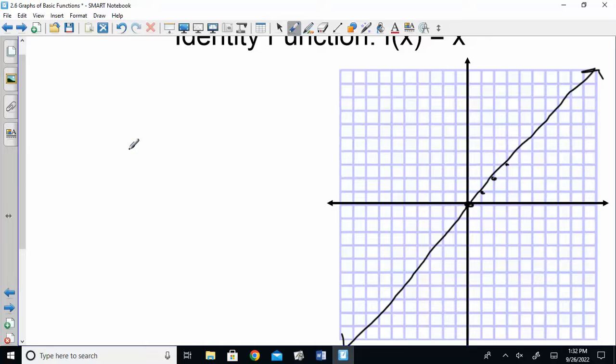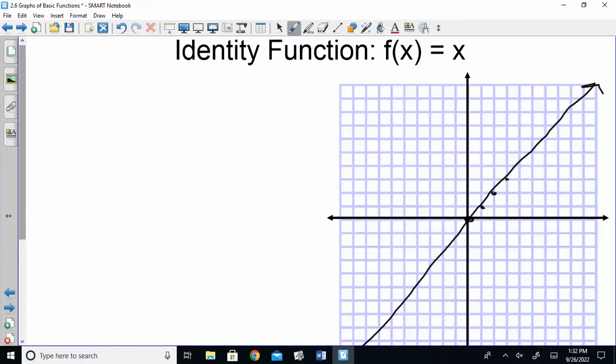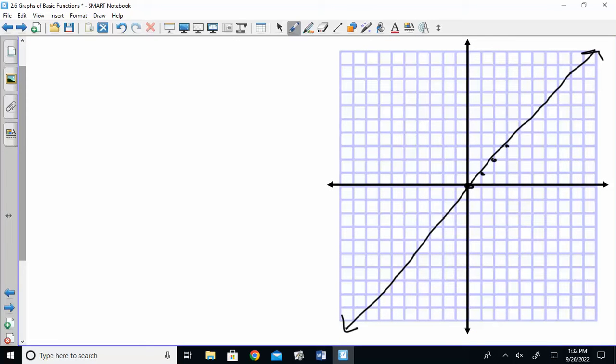I should be able to ask you questions off any of these. What I expect is if I say identity, you should know what I'm talking about: f of x equals x. You should be able to draw me that graph. As far as other questions I might ask, like domain, range, increasing, decreasing, I'm not expecting you to just memorize all of those. But if you're looking at the graph, you should be able to tell me the domain and the range.